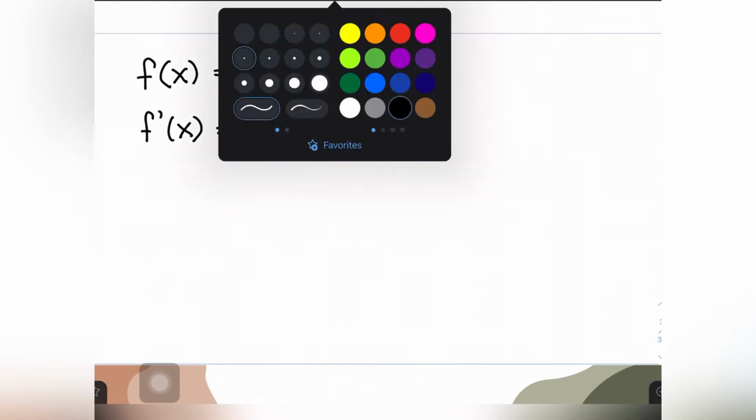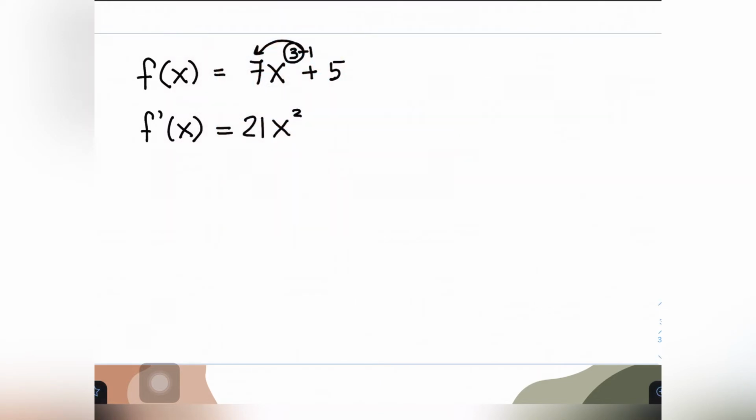And you need to always remember every time you differentiate 5, which is a constant, you will get the answer equal to 0. Why? I have explained in the previous video. Actually, behind every constant, you also have a variable x. But the power of your variable is equal to 0.